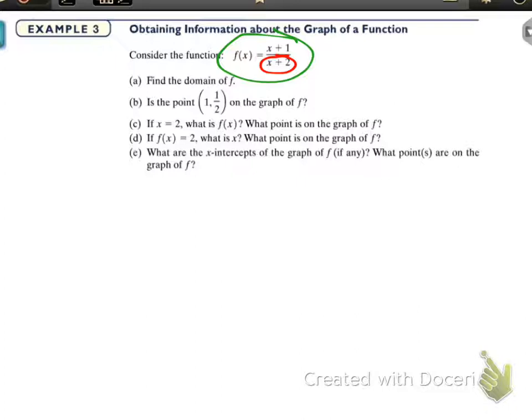When x plus 2 is equal to 0, the function does not exist, so x plus 2 cannot equal 0. When we subtract 2 from both sides, we see that x is not allowed to equal -2. So that's one thing to keep in mind, that x cannot equal -2.